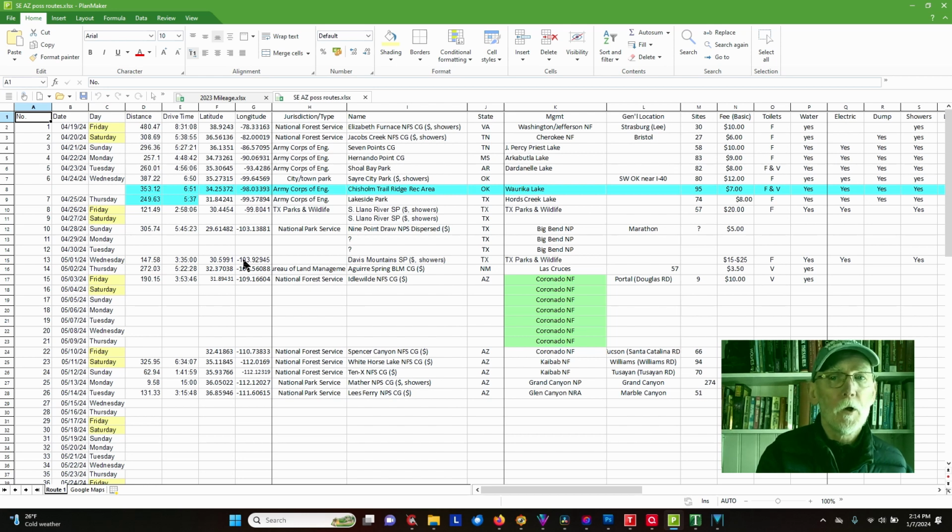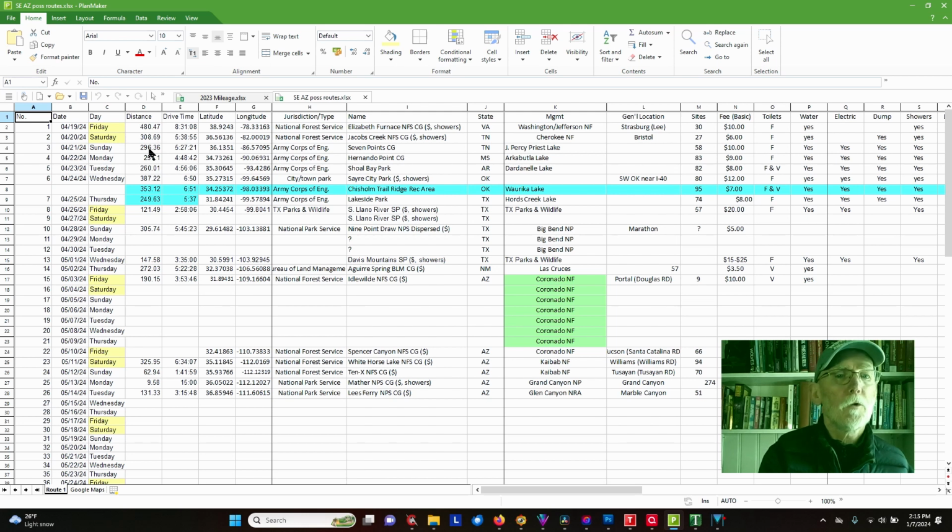It may not be the ideal situation, but we'll have a place to stay for the night. And oftentimes we try to stay at the same location on Friday night and Saturday night, so that once we're there, we can just hold on to the site through Saturday night, and then we move on on Sunday. So having the Fridays and Saturdays readily identifiable in our itinerary is pretty important.